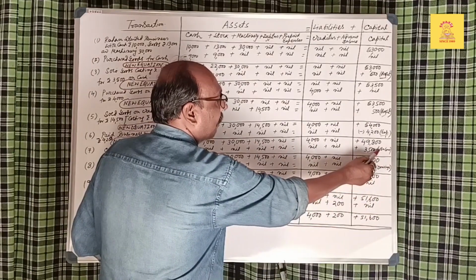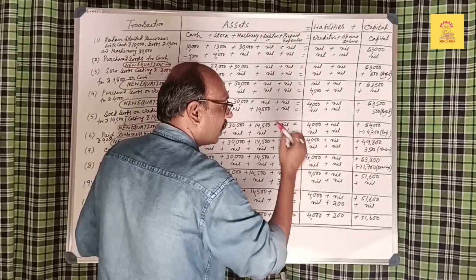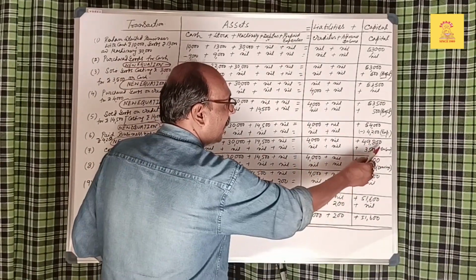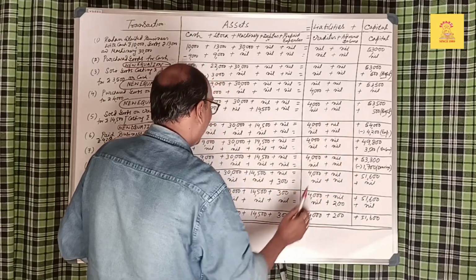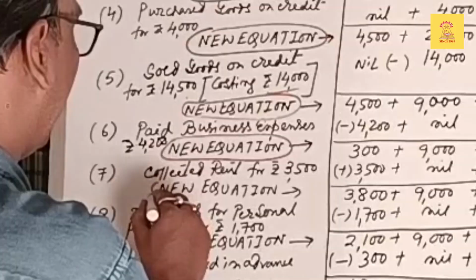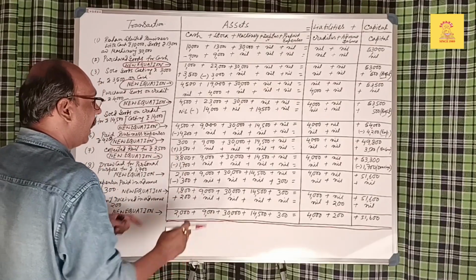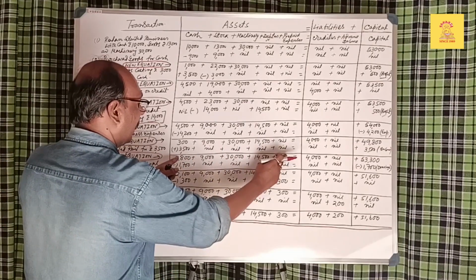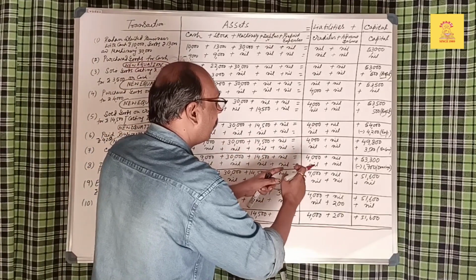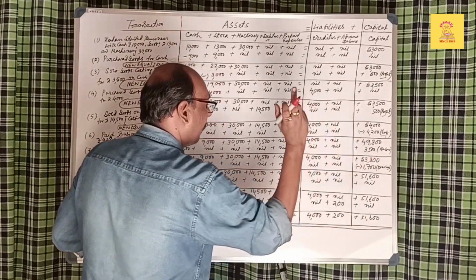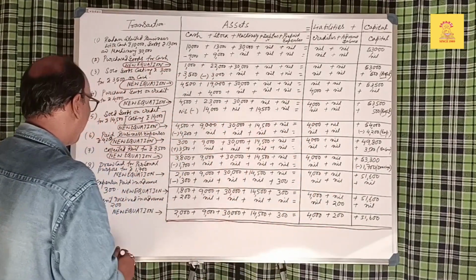So it increases proprietorship. It is a positive for the business, so it is added to your capital. You will get the new equation. Values are changed, but at the end of the day, the total of the asset side is equal to the total of liabilities plus capital.